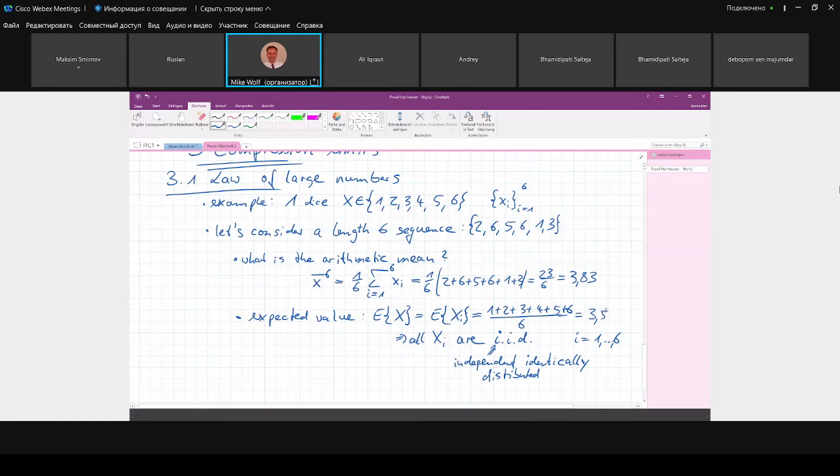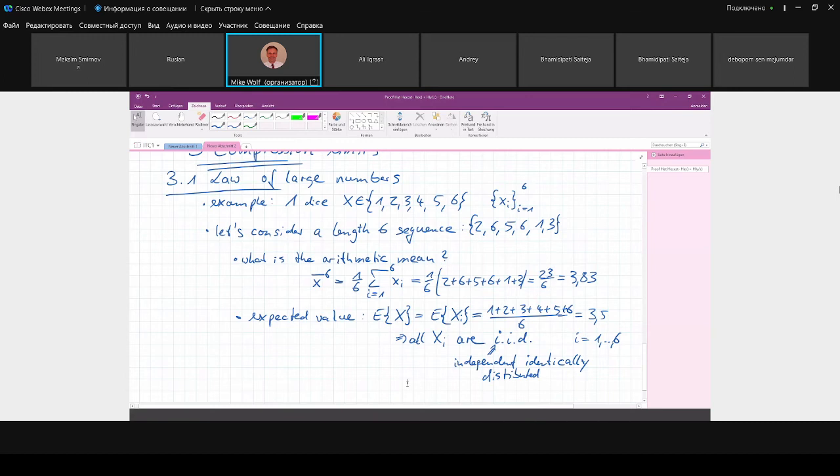So you see there's a difference between this arithmetic mean over the 6 values and this value. Now it's an interesting aspect: if we increase the length of our sequence and build this arithmetic mean, you will see we come closer and closer to this expected value.